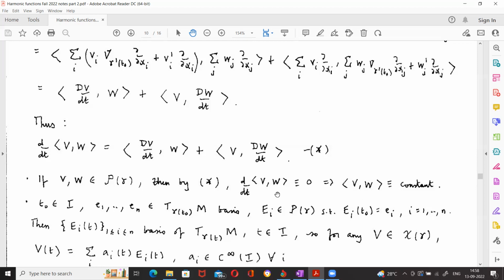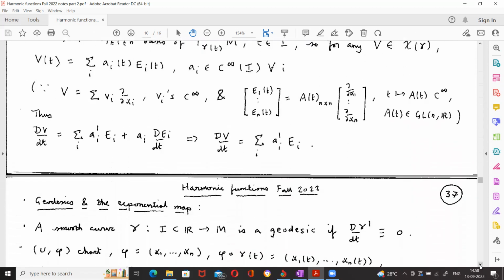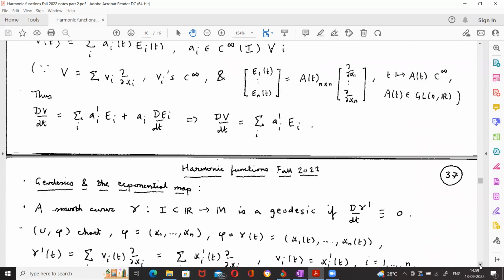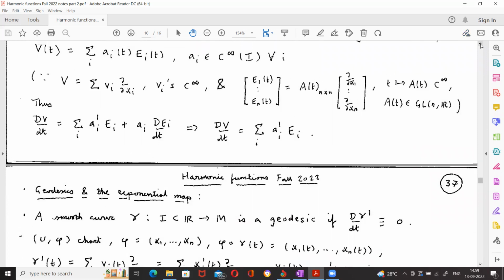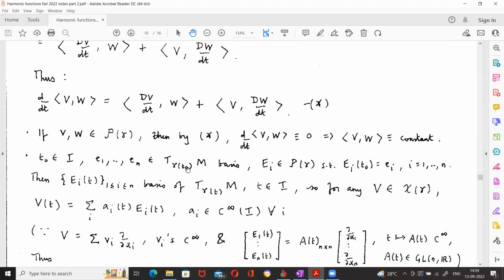So now we can say what you were saying earlier, Utsav, that if I start with an orthonormal basis E1 to En, and I parallel transport it to get parallel vector fields capital Ei, then the capital Ei will be orthonormal along the curve, right?